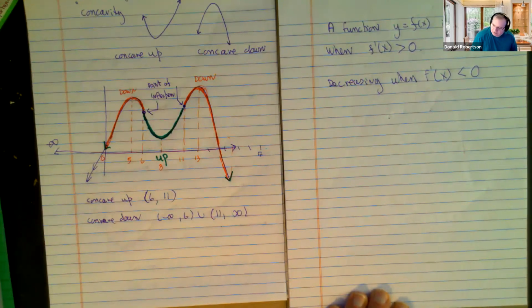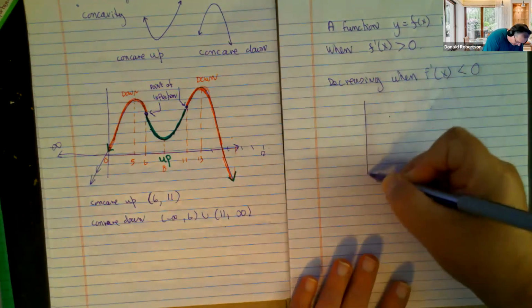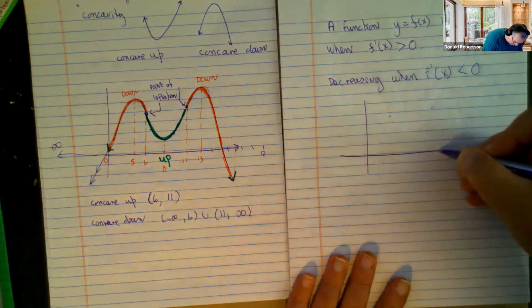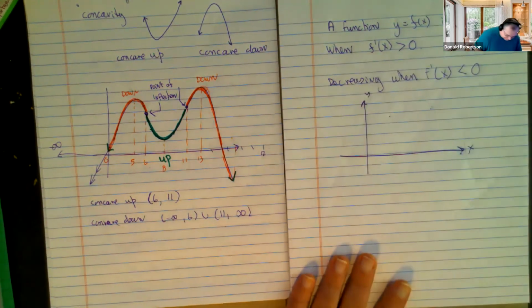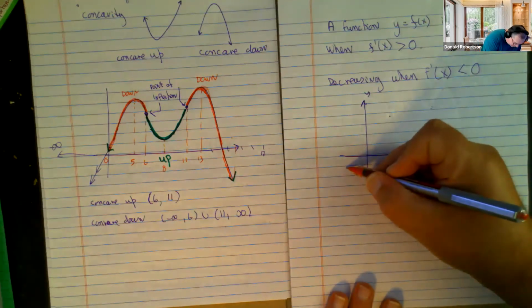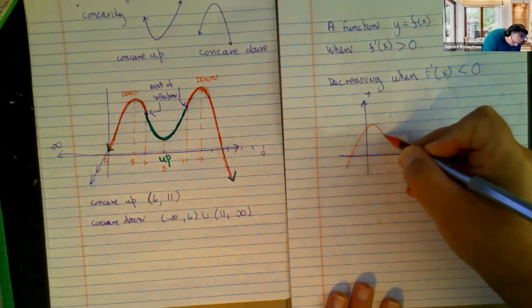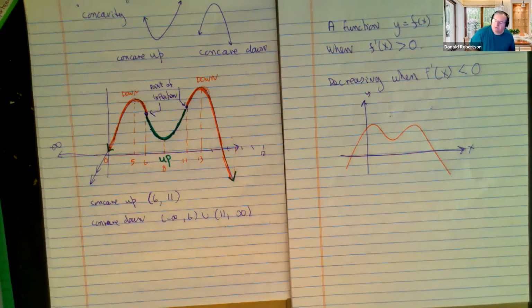Okay. Now, suppose I give you a graph not of the original function, but I give you a graph of the derivative function. And I tell you that the graph, let's say, looks like that.